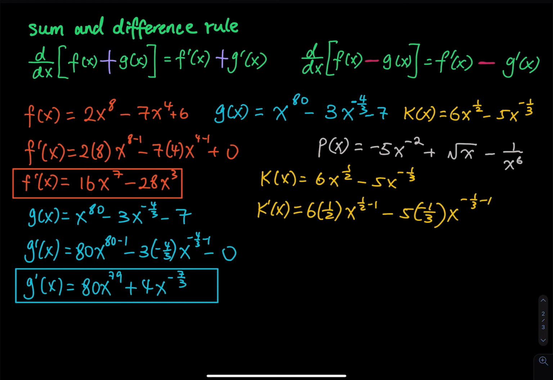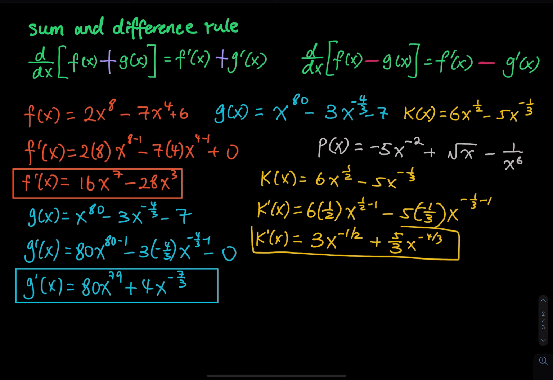Again, I'm trying to explain something to you, so I have to show all the work. k prime is equal to 3x to the negative 1/2 plus 5 over 3 x to the negative 4 over 3. And then I box my final answer. If you show a lot of work on one page and you box your final answer, that makes it so much easier for your grader because I can tell where your final answer is.